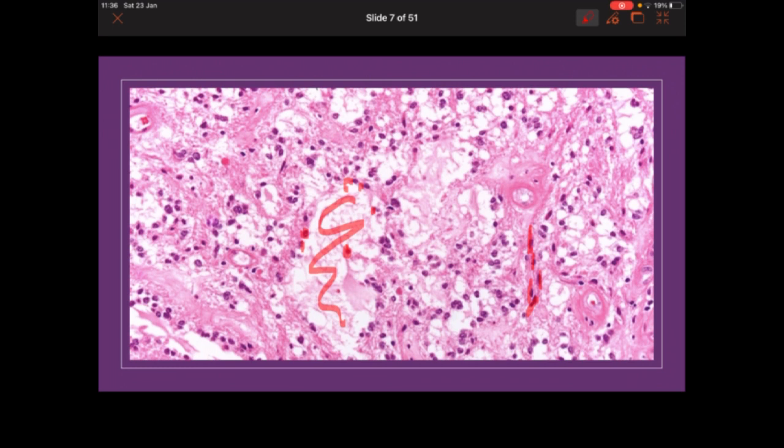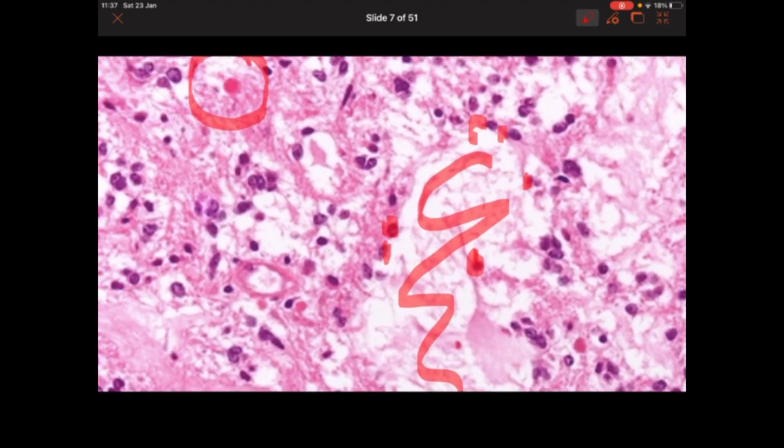In this high power, we can also appreciate the presence of these blood vessels, in which the blood vessel is hyalinized. This is hyalinization of the wall of the blood vessel. And in this power, we can also see the presence of these hyaline globules.